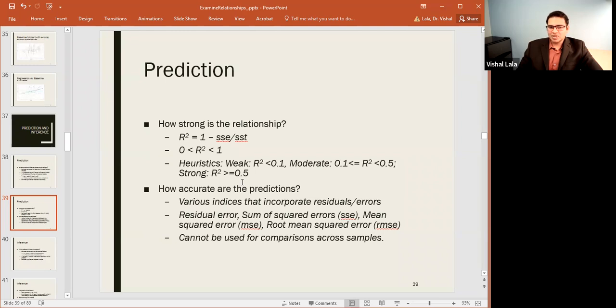So pay close attention to these heuristics being for R-squared and not for R. They're different. One can go on then, once one has examined how strong the relationship is, to examine how accurate the predictions are using some other metrics, like metrics that actually look at the error component. You can summarize the error as sum of squared errors, mean squared error, or a more commonly used metric called root mean squared error. These metrics, however, are not useful for comparisons across samples.